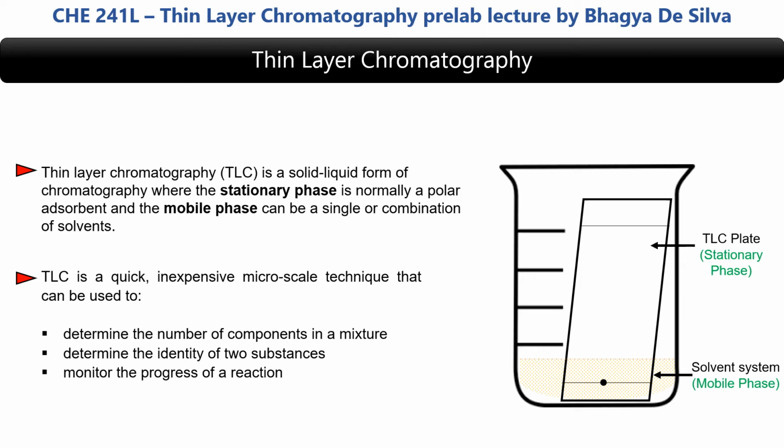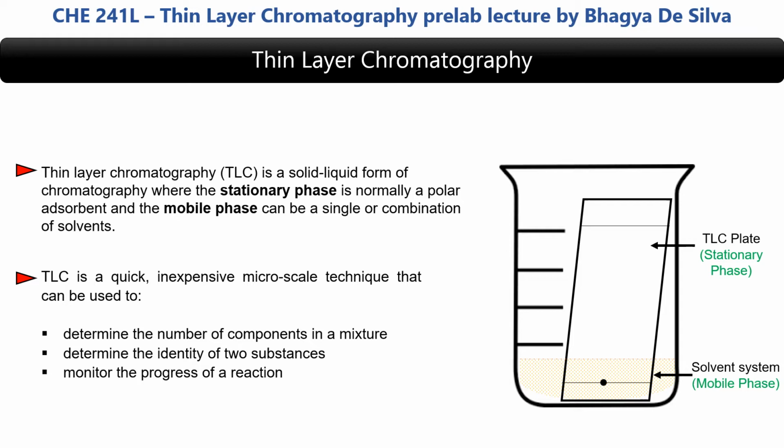Today we will be learning about the thin layer chromatography technique. Like all chromatography techniques, the separation of compounds is based on how well they interact between a stationary phase and a mobile phase.